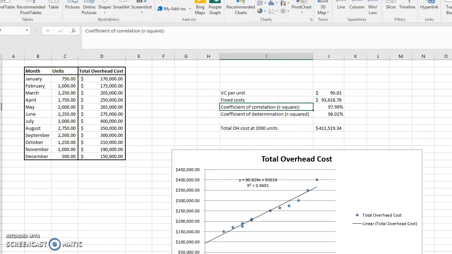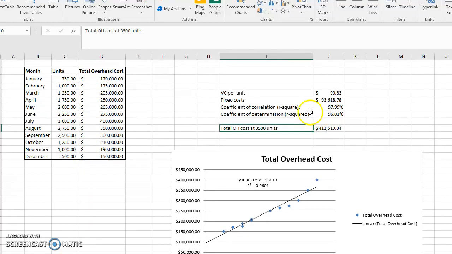All right. Now, that's a little bit overkill for what we need to do in terms of determining the correlation and then the r squared in order to do cost estimation. Although it is something you'd want to look at, because if you have a low r squared, what that's saying is that there's not much of a relationship between your dependent variable and your independent variable, and so your units would not be much of a cost driver for your overhead cost.